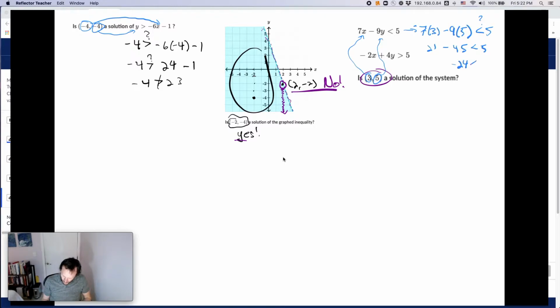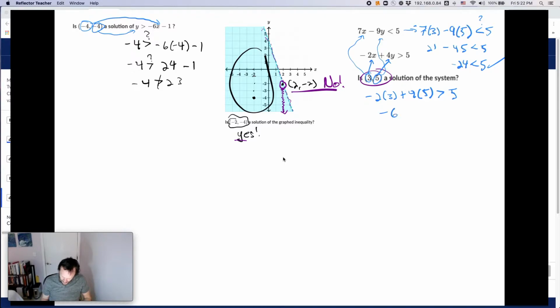But once you know it's a negative number and you know it's going to be less than a positive number, you could say yes. Do we then answer the question and say yes? No, not yet. We need to check the other inequality. So we're going to take 3 and plug it in for the x, 5 and plug it in for the y, and see what we get. Negative 2 times 3 plus 4 times 5, and check to see if that's greater than 5.